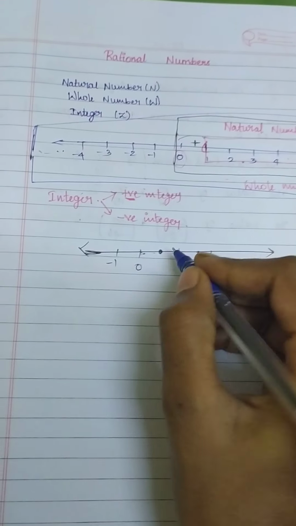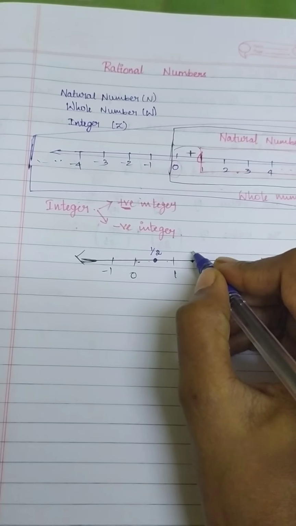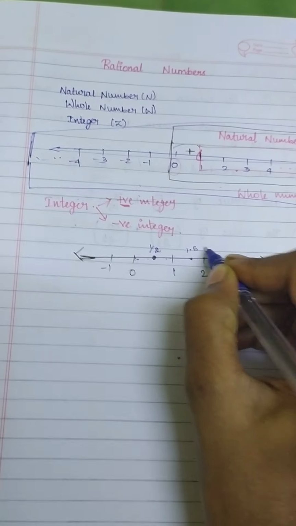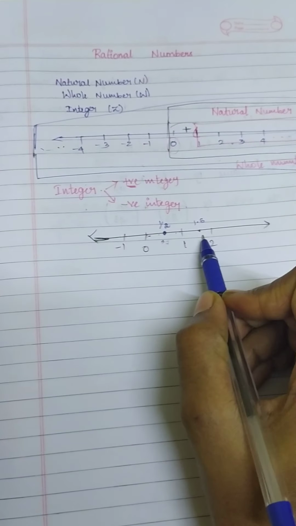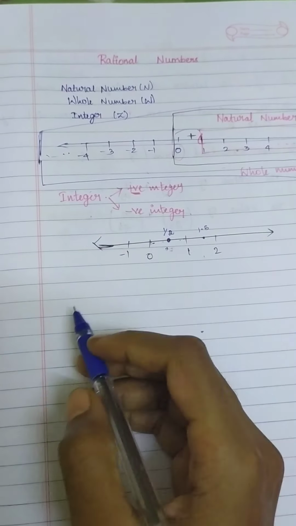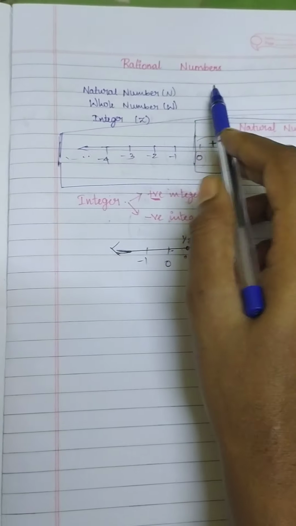For example, between 0 and 1 I get 1/2, which is 0.5, and in this place I get 1.5. So the numbers in between are called rational numbers.